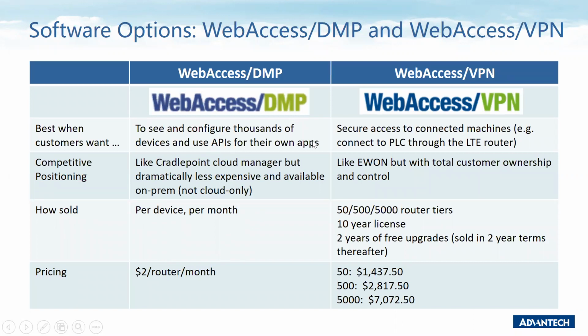Really great for when a customer says, I have my own application, I just want to pull data from the router. This is great, okay? The reason I'm focusing on web access VPN is for the audience that we have today, and generally within the IoT group at Advantech, web access VPN is just perfect.